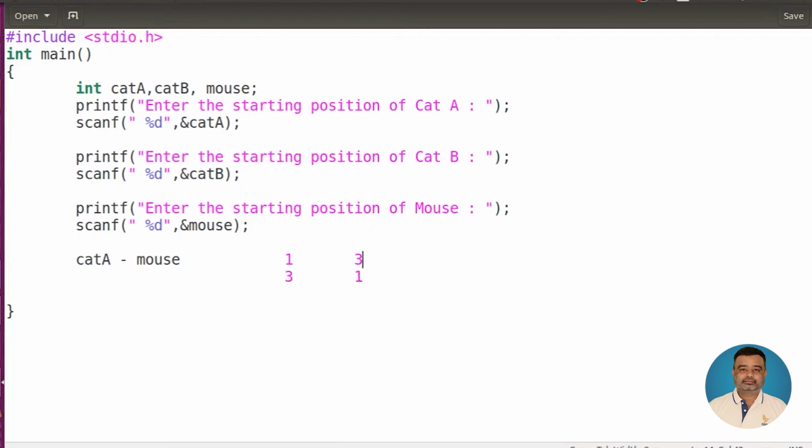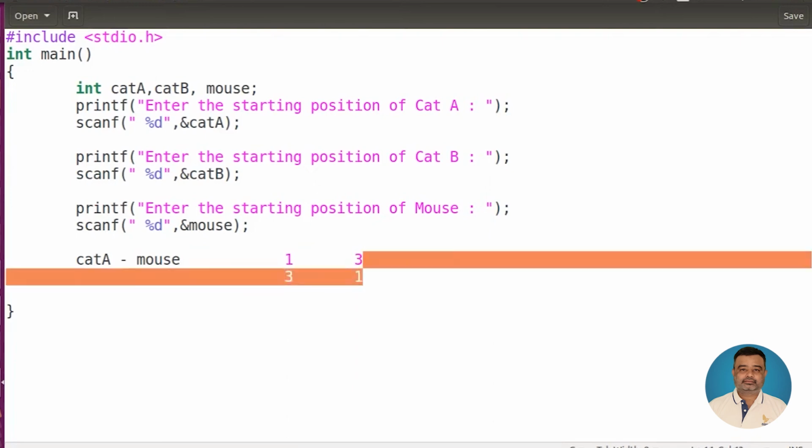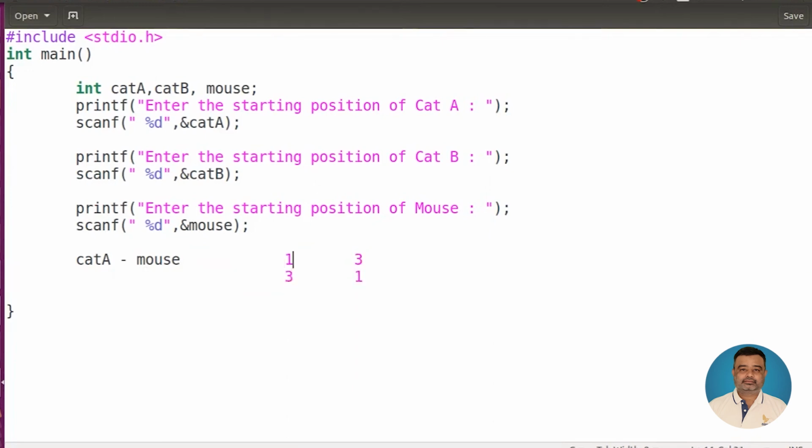Here the difference between the cat and the mouse is actually 2, and here also the difference is only 2. But if I just do a subtraction, 1 minus 3 and 3 minus 1, you won't get the same output. Here you get minus 2 and here you get 2. Yes, the 2 is common, but one is in the positive direction, one is in the negative direction.